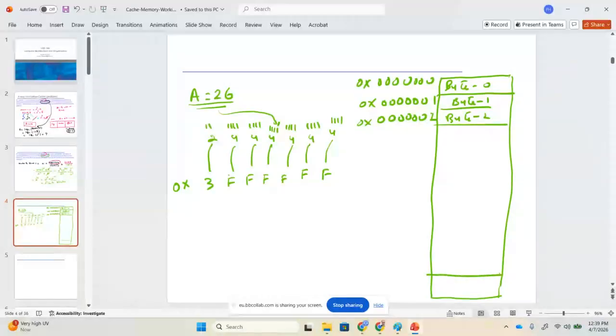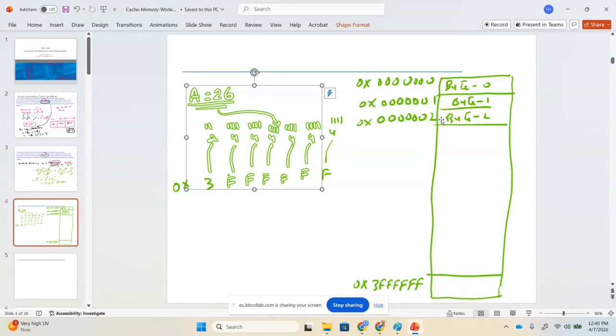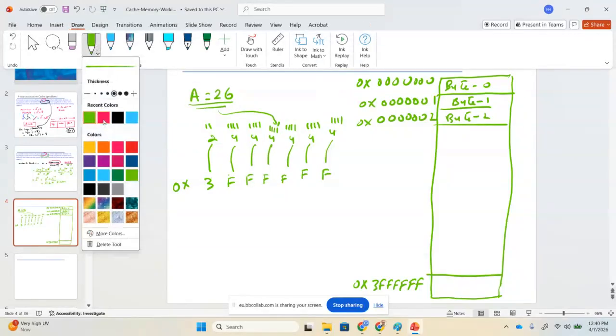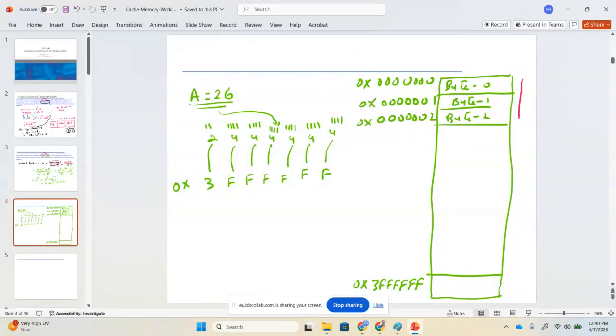What will be the address of the last byte? Can you tell me? If A is equal to 26, how many bytes will there be in main memory? There will be 2 to the power 26 bytes in main memory.